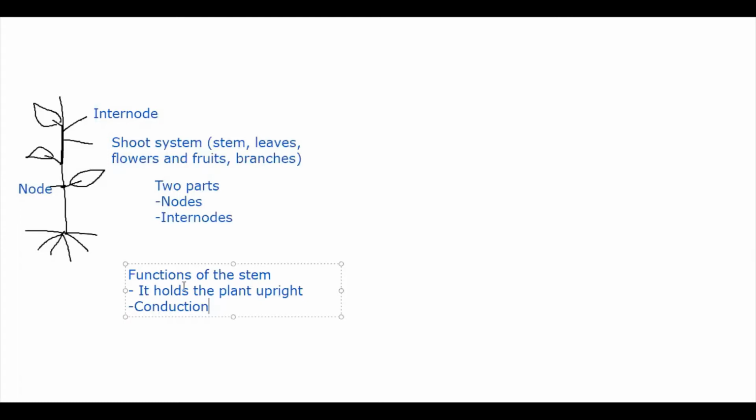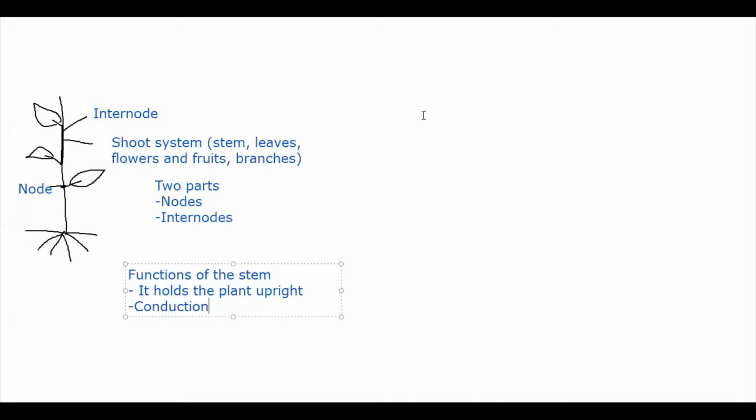So stem is something that holds the plant upright. The plant always looks straight just because of the stem, because the stem holds it upright. And conduction here means whatever water and minerals are taken by the roots are all conducted to all the parts of the plant by the stem.